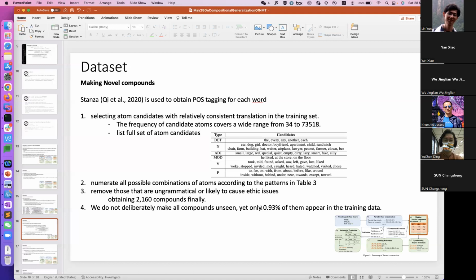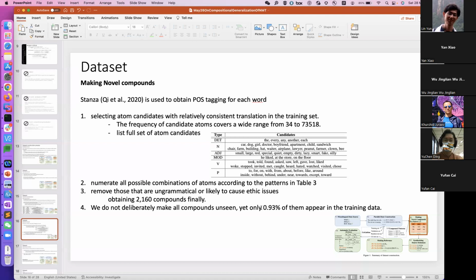Yufan, have you read the paper before? No, I think that's data augmentation. Of course it is data augmentation, but augmentation is a way to enlarge the training data set, while this is a way to construct another data set to check compositional generalization.